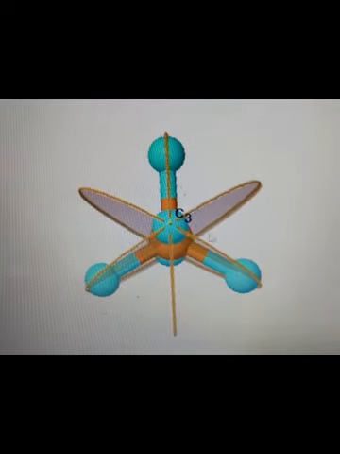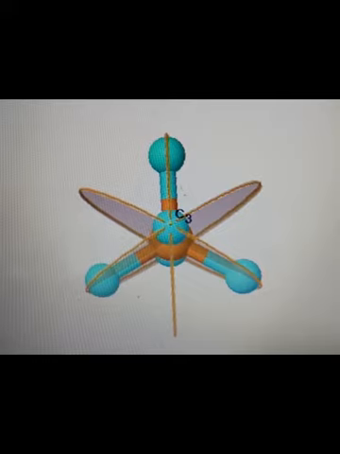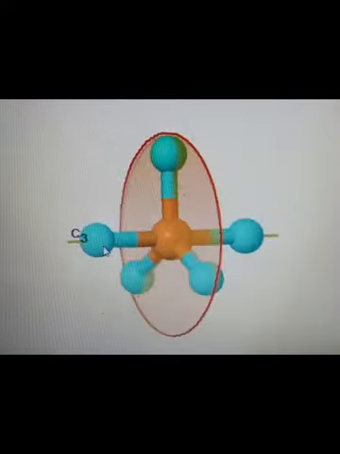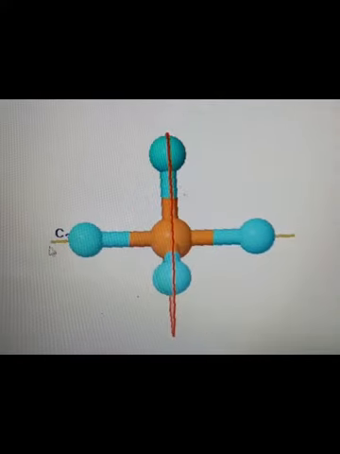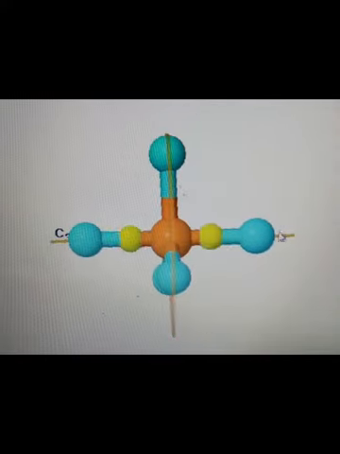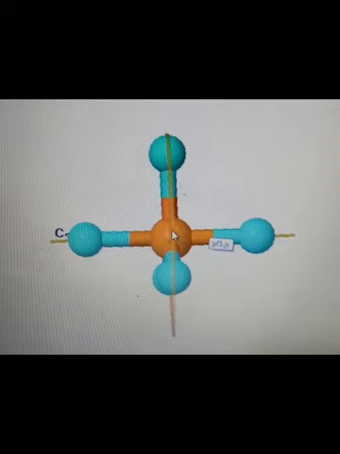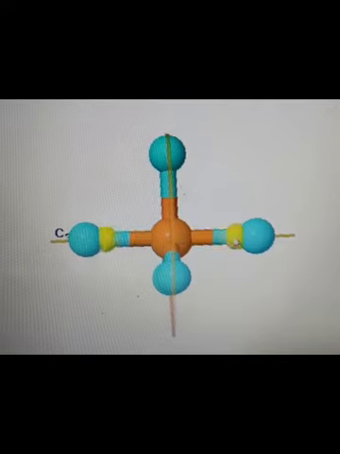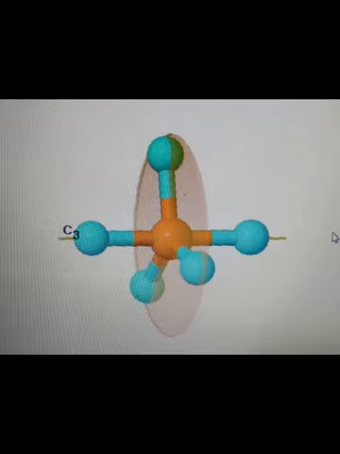So altogether it has 3 sigma v's, and it has a sigma h in it, which is passing perpendicular to the principal axis. Now how the reflection takes place, that is the first half and the second half are reflecting each other. So therefore it has a horizontal plane of symmetry.